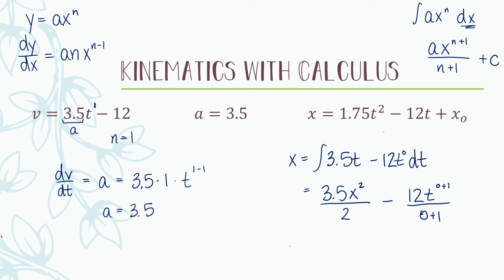And of course I can simplify this into being 1.75 t squared minus 12t. And then I always add a plus a constant at the end. And in this case, since this is a position function, we are going to add an initial position on there.